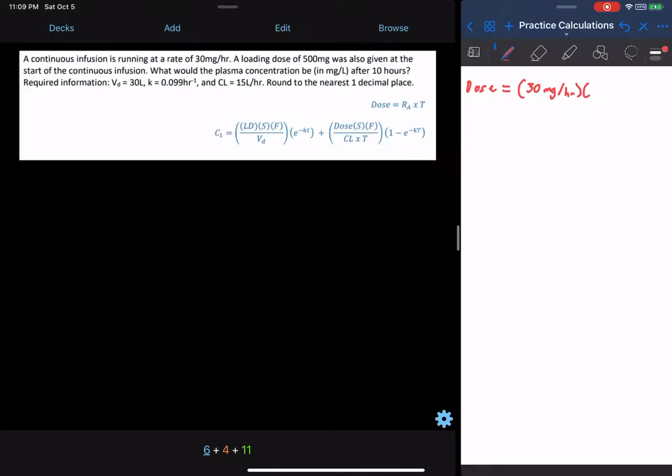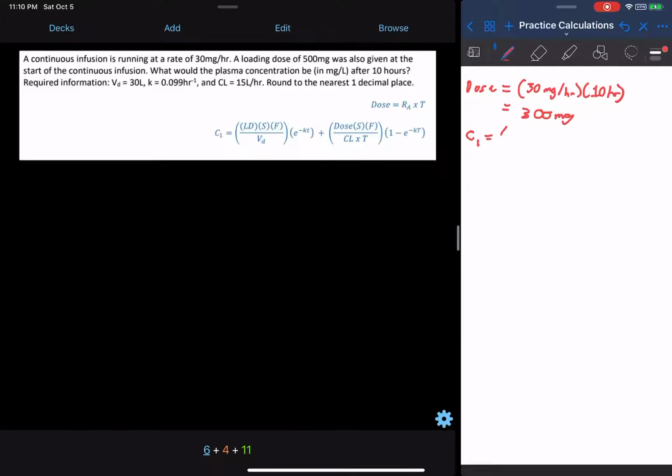After 10 hours, our dose will be 300 milligrams. Okay, after we know our dose, we can solve for C1.